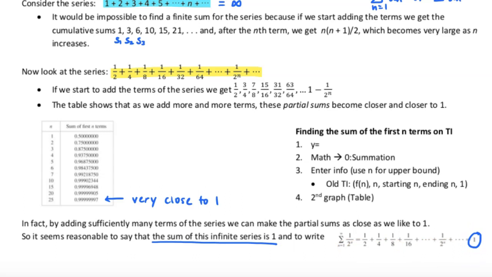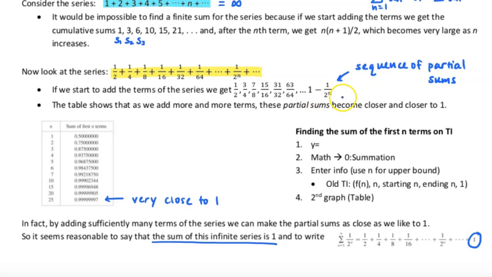And so let's summarize what we did here. We created a new sequence of the partial sums, and then we found what happened as n got larger and larger.